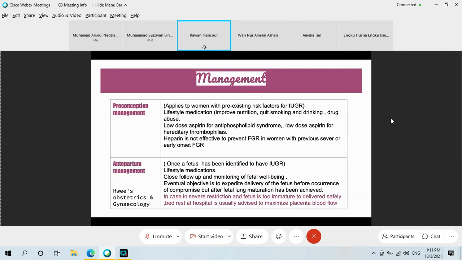But after fetal lung maturation has been achieved, which is beyond 32 weeks, we can deliver the baby who has mature lungs. In case of severe restriction and the fetus is too immature to deliver safely, we suggest bed rest at hospital to maximize placental blood flow, with close monitoring of the baby and mother in case immediate delivery is needed. Next.